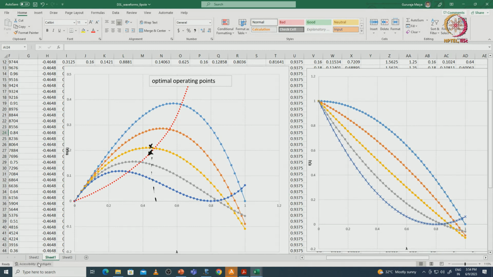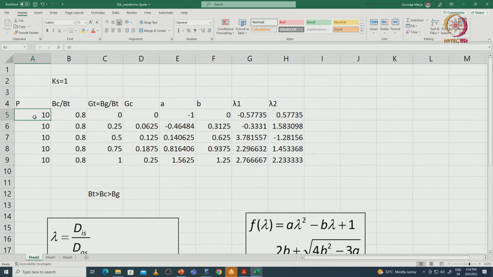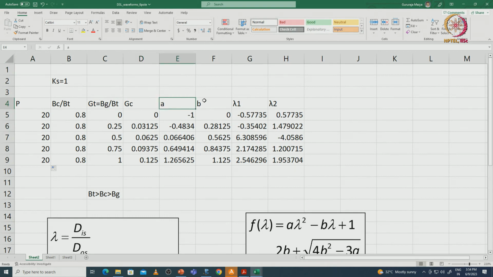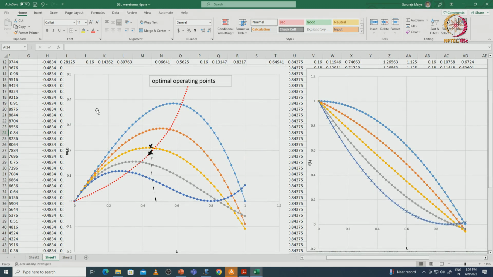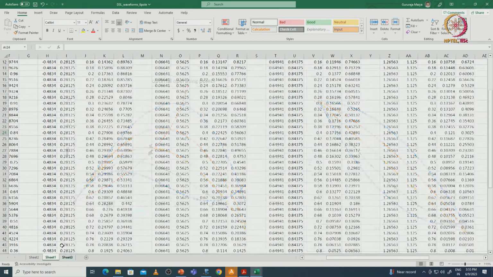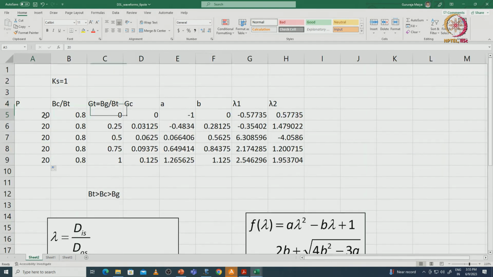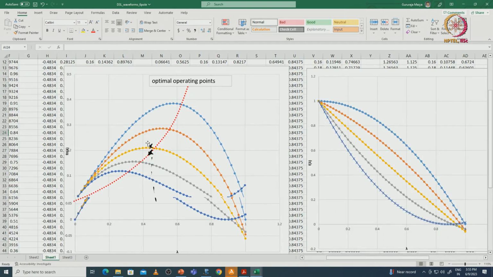Similarly, if I change the number of poles to 20, then GC will change, then A and B values will also change. The moment A and B change, the f of lambda value and f naught of lambda value will change. Here G equals 20 is substituted.